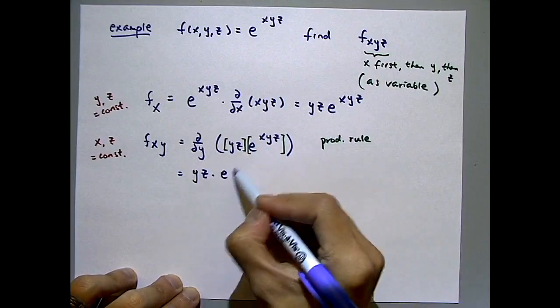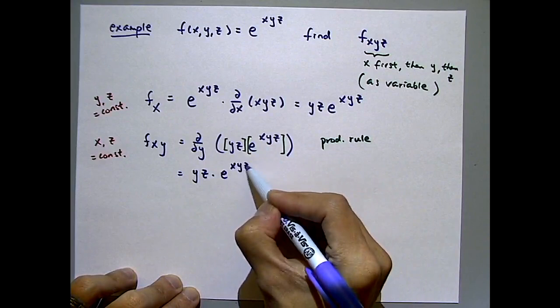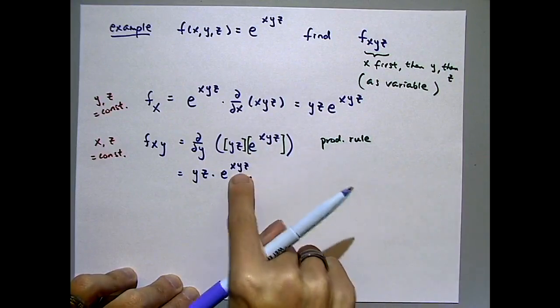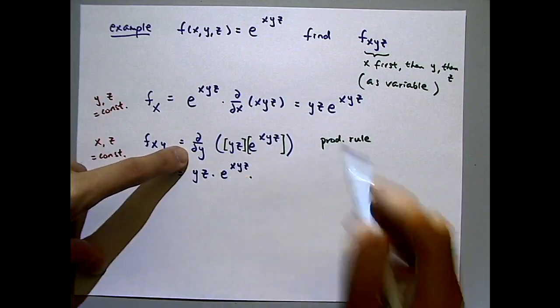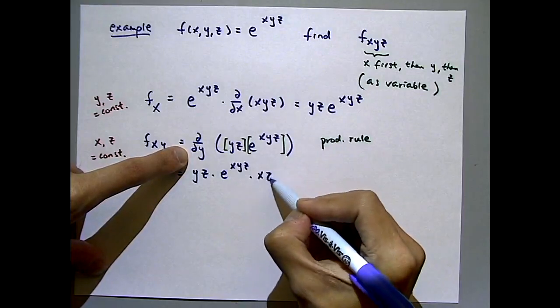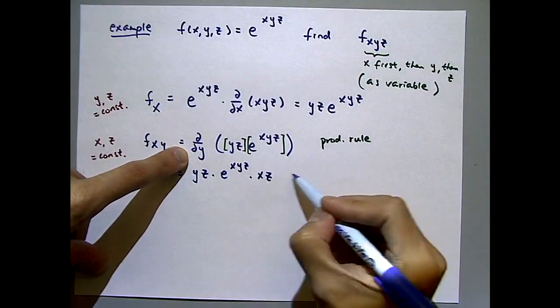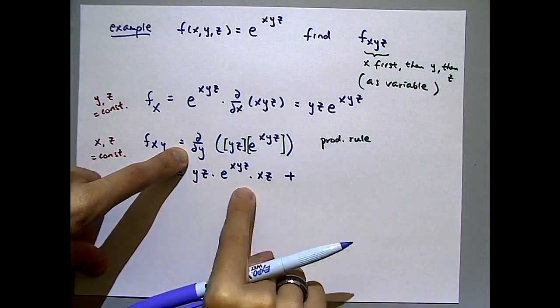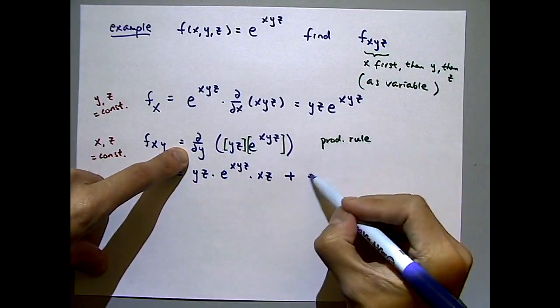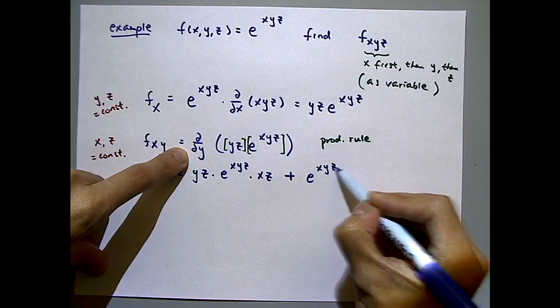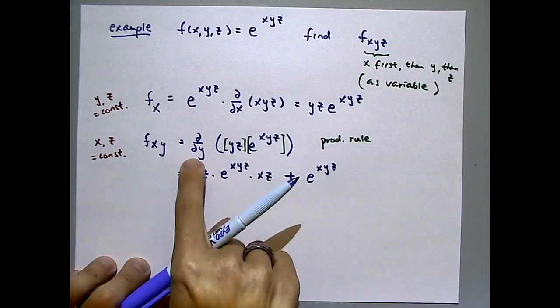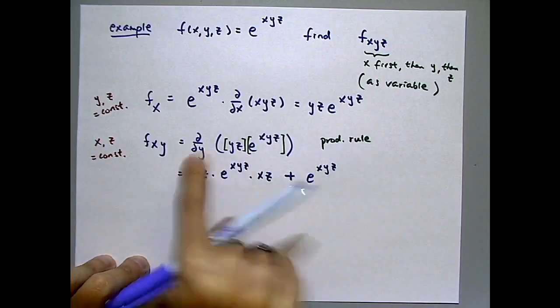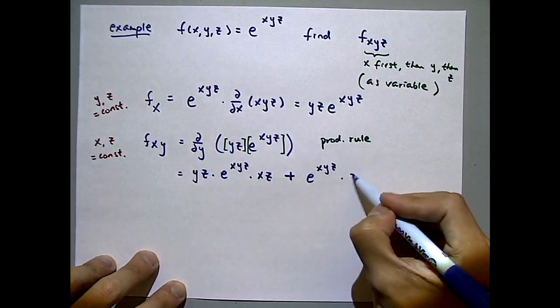So that's e to the xyz, chain rule, derivative of the power with respect to y, xz. So that's the first times the derivative of the second, plus the second, e to the xyz, times the derivative of yz with respect to y, we get just a z, right?